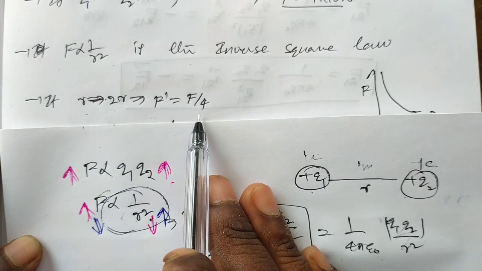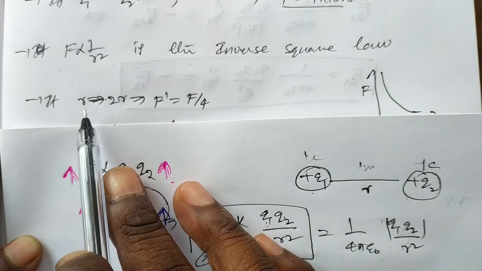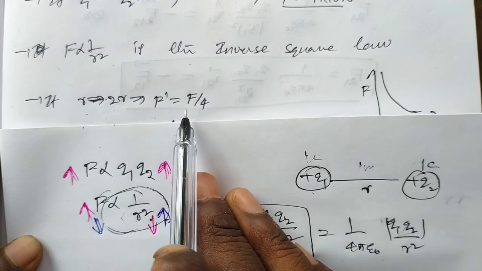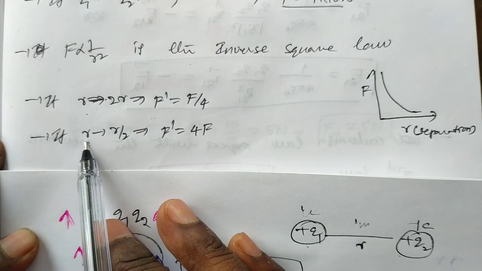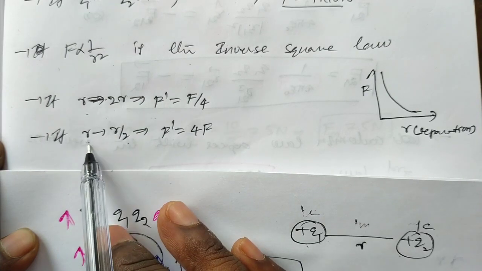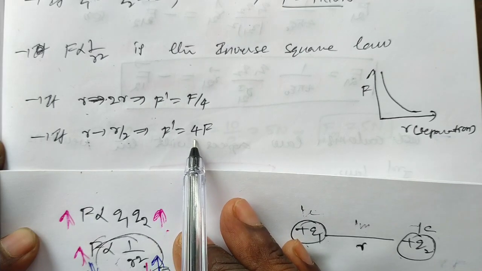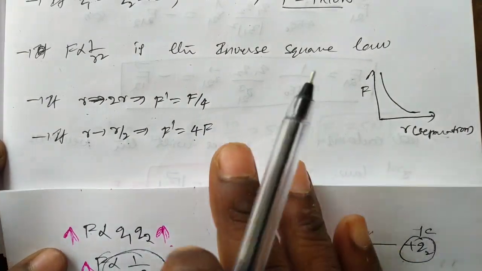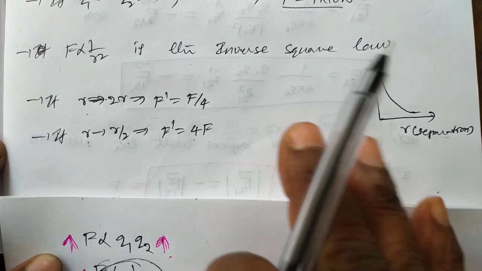That is, one fourth of the force when the distance is doubled; the force decreases. Suppose the distance is halved: when decreasing the distance, the force increases four times. That is the application of Coulomb's law.